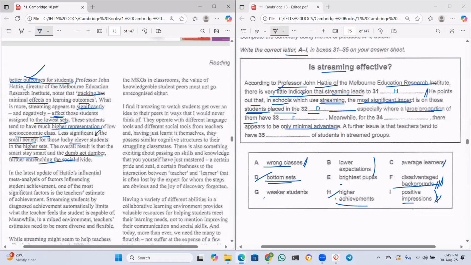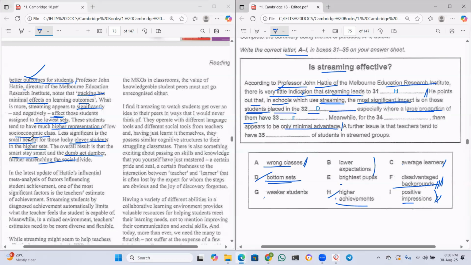So less significant is the small benefit for those lucky, clever students in the higher states. So meanwhile, for the clever students, can you see clever students? Yeah. So meanwhile, for the dash, there appears to be only minimal advantage. Minimal advantage.